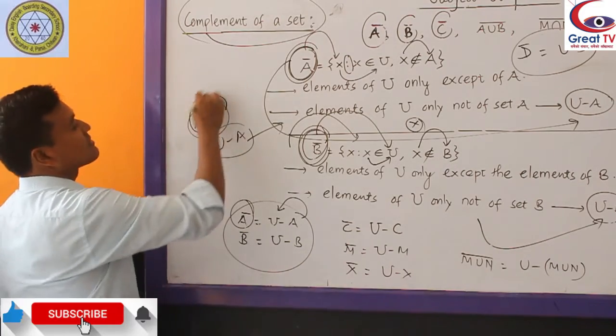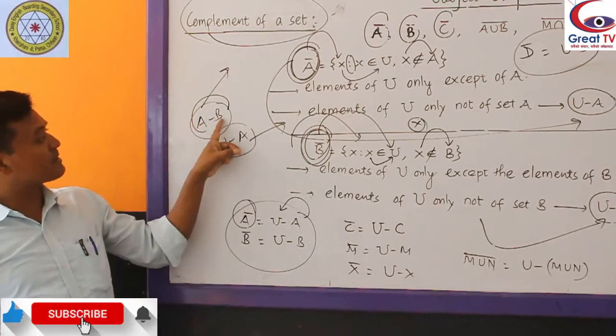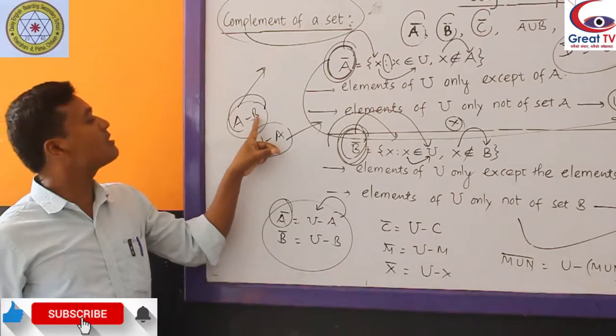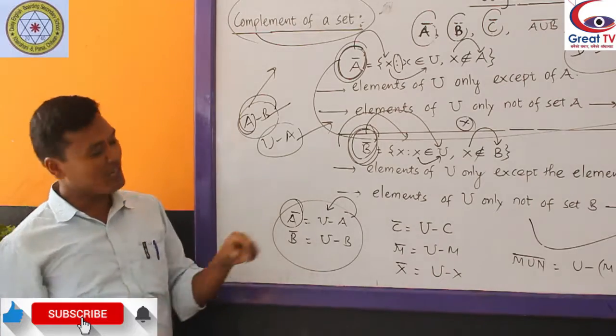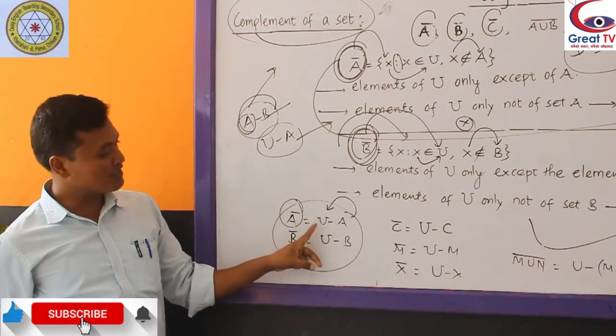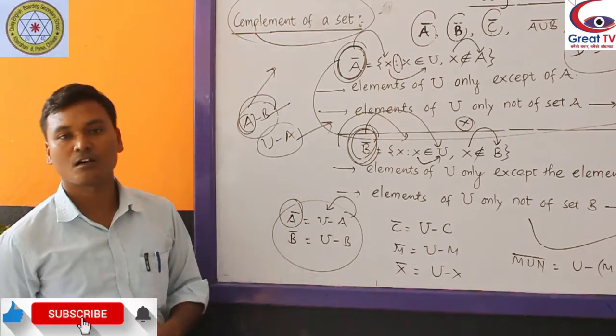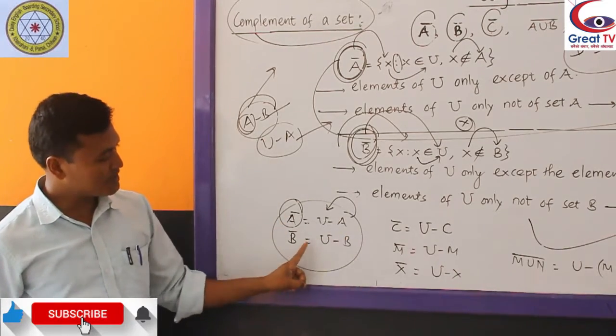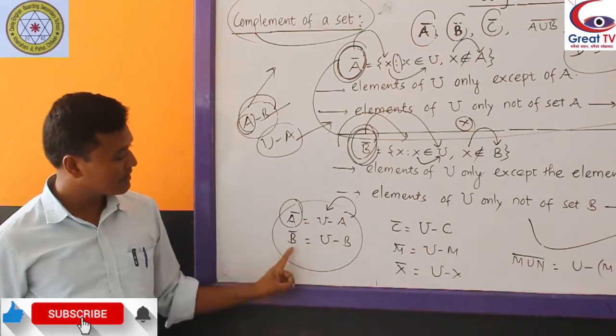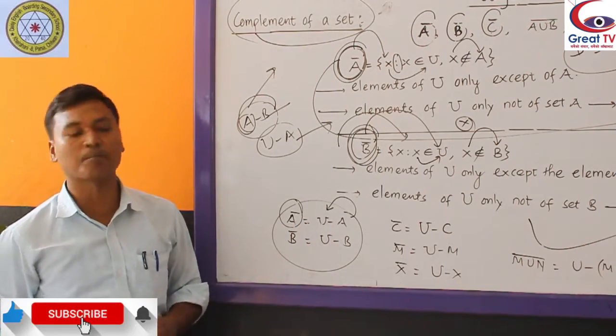Let me remind you one thing: while shading the set A difference B, we shade the set A only, not the set B. While shading A complement, we shade the universal set except the set A. We shade the universal set except the set B to shade the region represented by B complement.